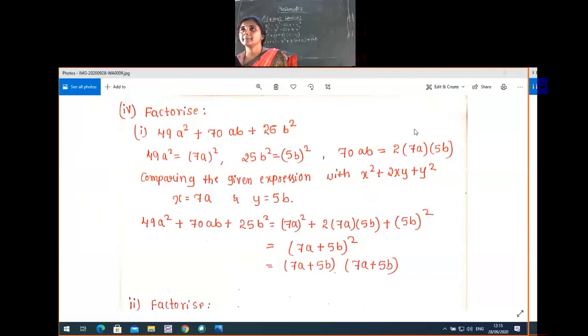Yes, Aditya Hegde. Yes, Mataji. Is it clear, factorization? Or do you have any doubts, Aditya? No. Yes, very good. Ambika. Yes, it is clear, Ambika. Okay.